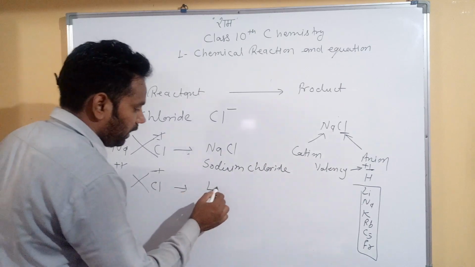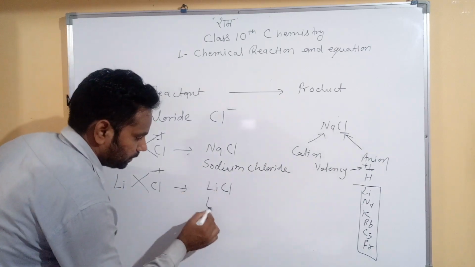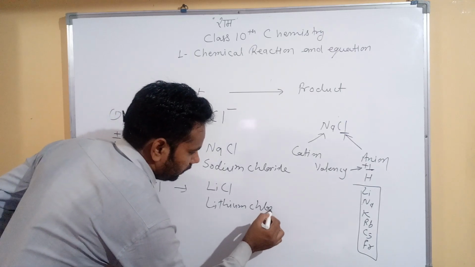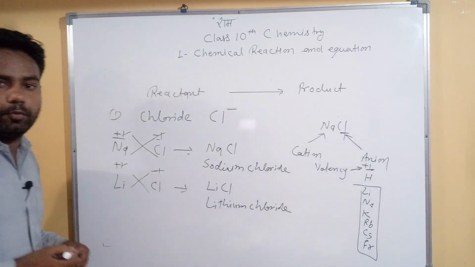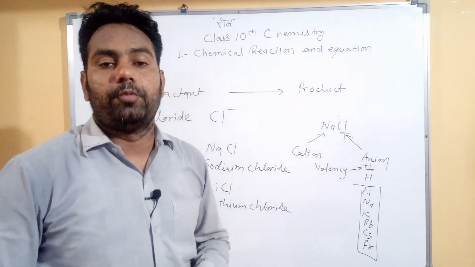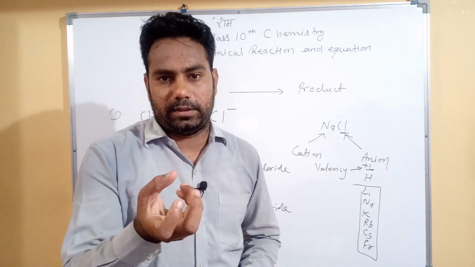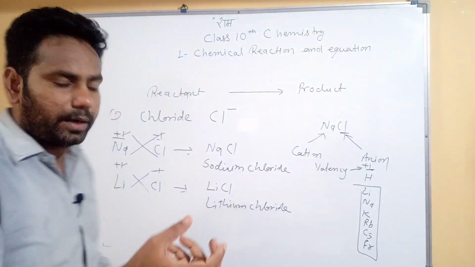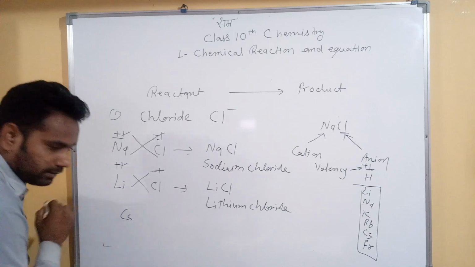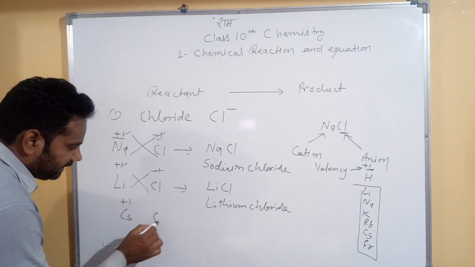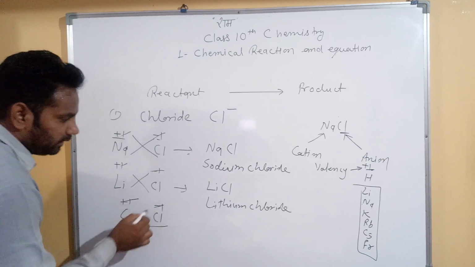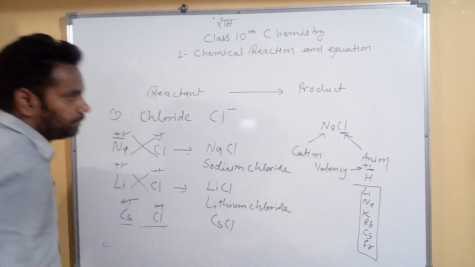We have the formula of lithium chloride, LiCl. Then if I want the formula of cesium chloride, again we take Cs, +1, and chloride Cl, -1. So its formula is CsCl.